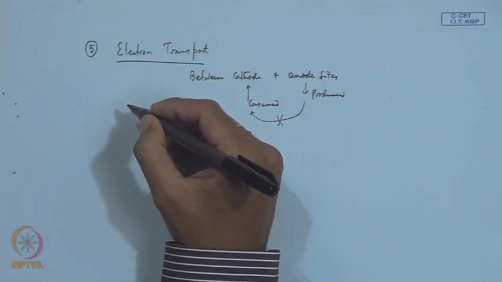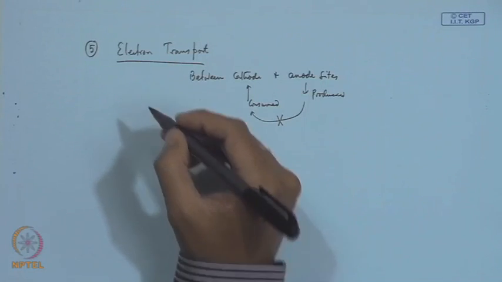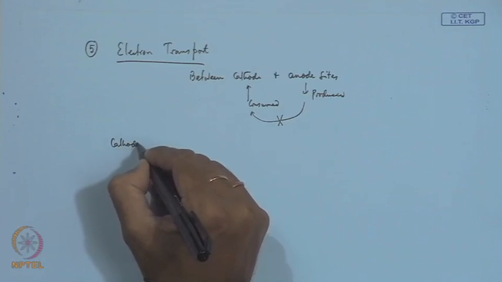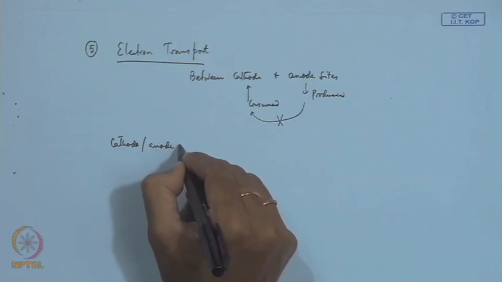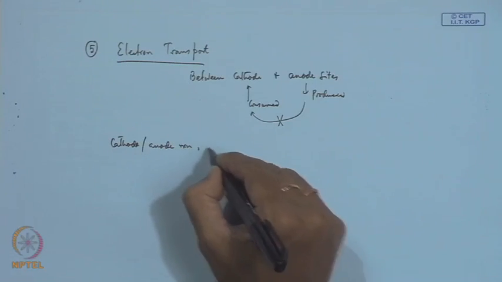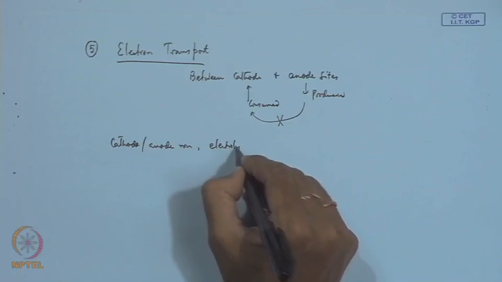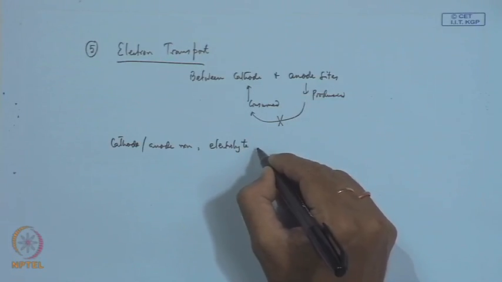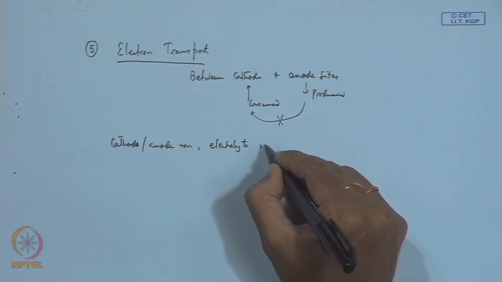So, these are necessary: the half cell reactions, then the cathode side, ion transport, electron transport. These are important points. So, cathode and anode reaction, electrolyte, then electron transport.